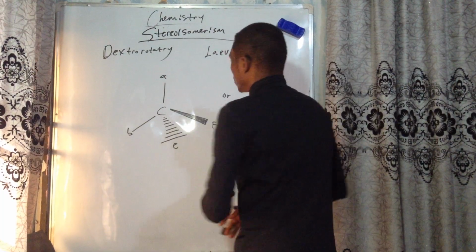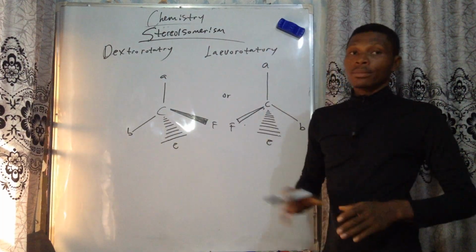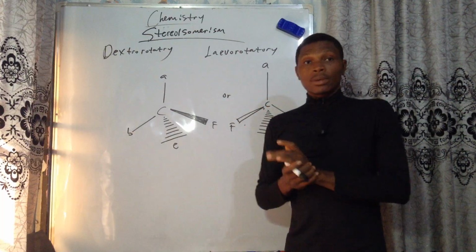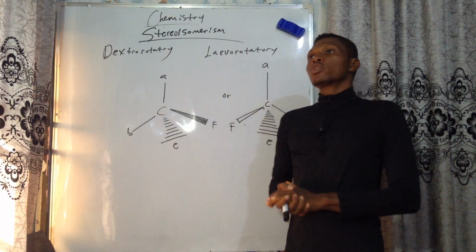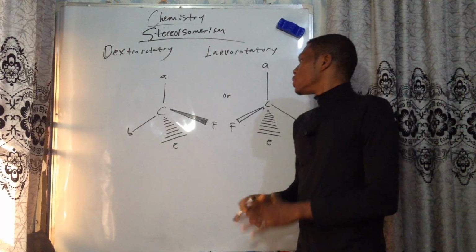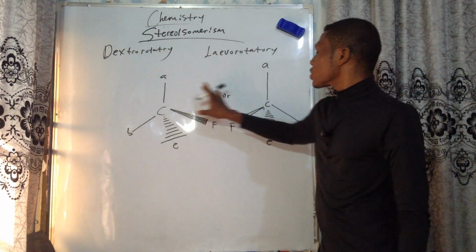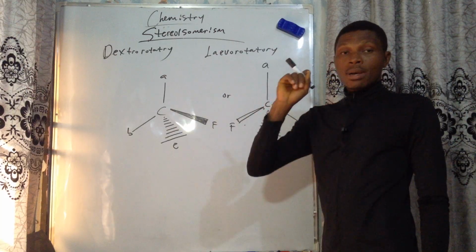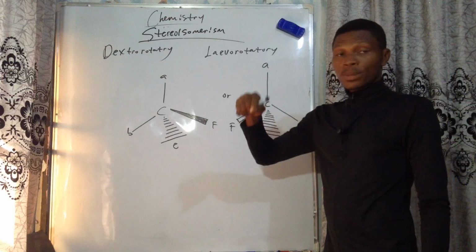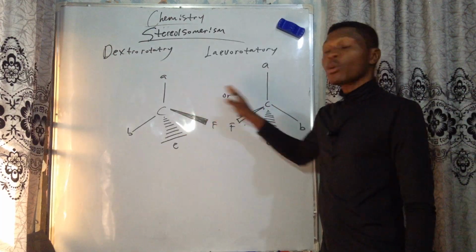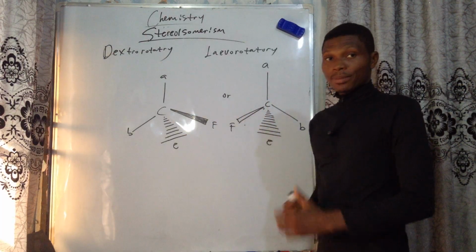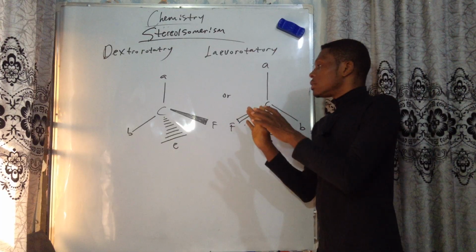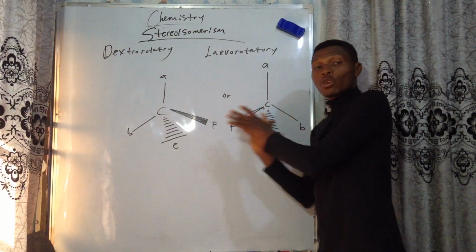So, I've defined stereoisomerism. This is one of the parts of it. Now, you see these are the two possible isomers in optical isomerism. See, they are mirror images of each other.